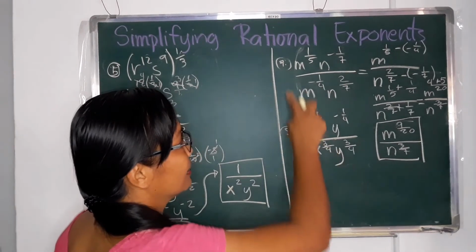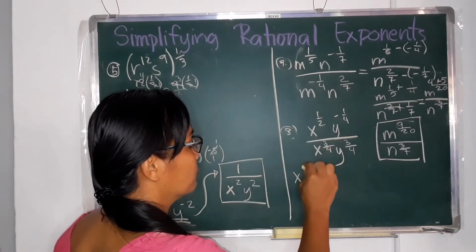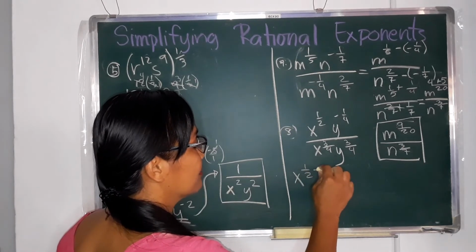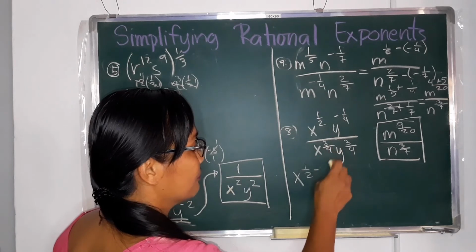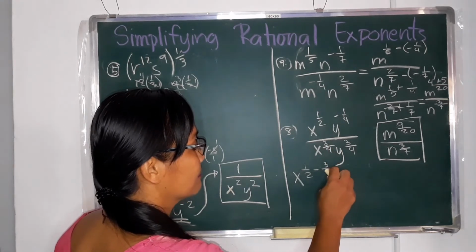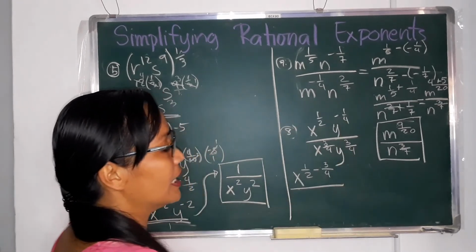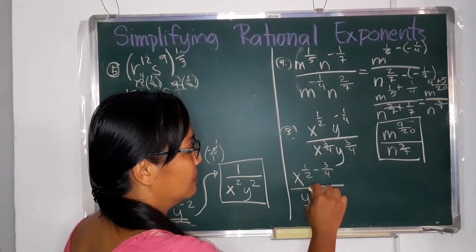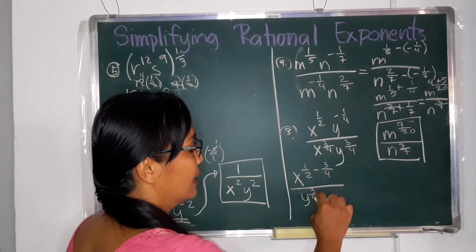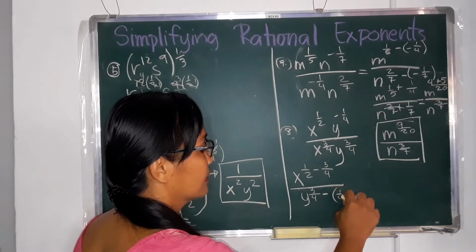Okay? Okay, so for our last example, number 8. So again, we're going to do the same. Copy the base x, copy 1/2, and subtract the exponent. Okay, so x minus 3/4. Let's move to the top. Next, since the y positive exponent is below, just copy below 3/4 and then subtract minus negative 1/4.